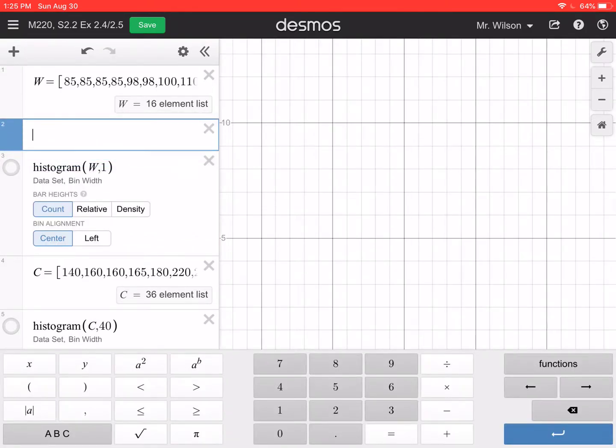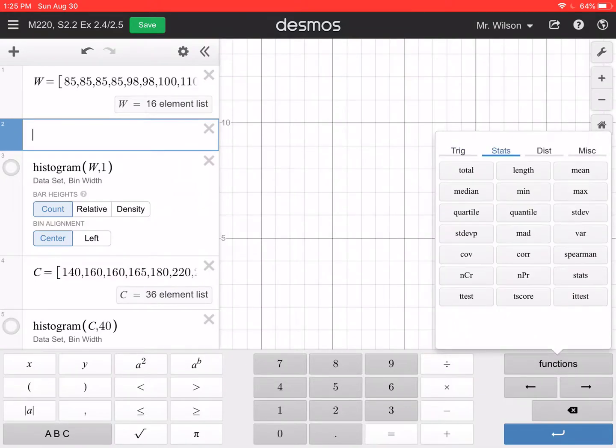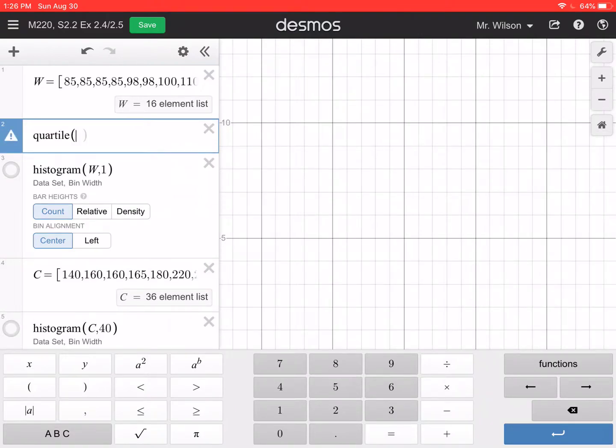Okay, so all we need to do, if you go into the functions on Desmos, notice there's a stats one right here. You can see a min button and a max button, but I'm not even going to use those. I'm just going to use the quartile button. You can also just type in quartile.